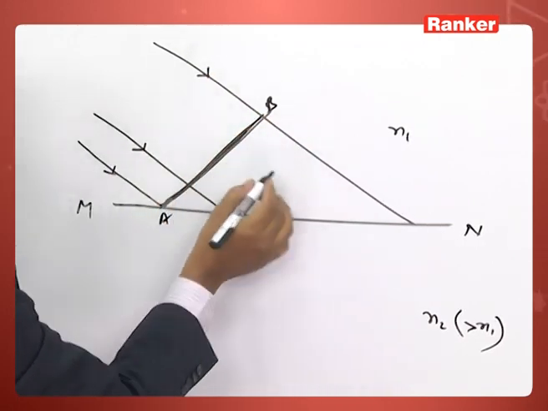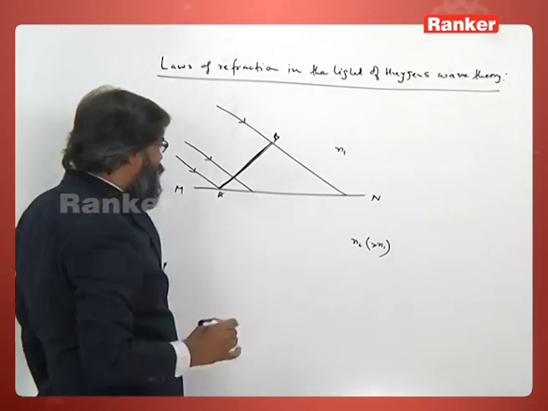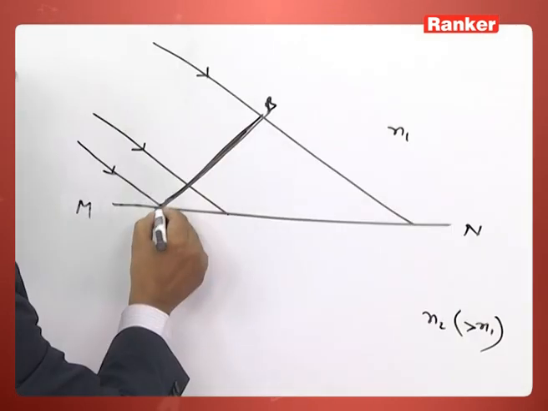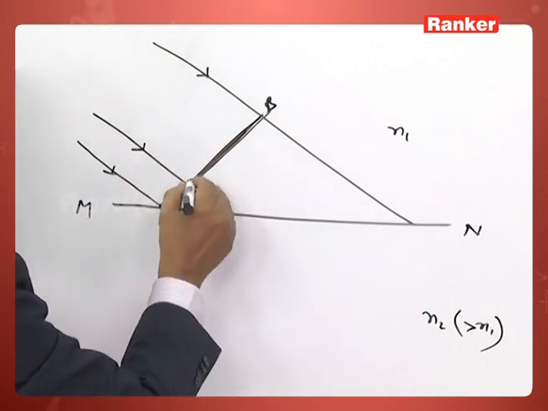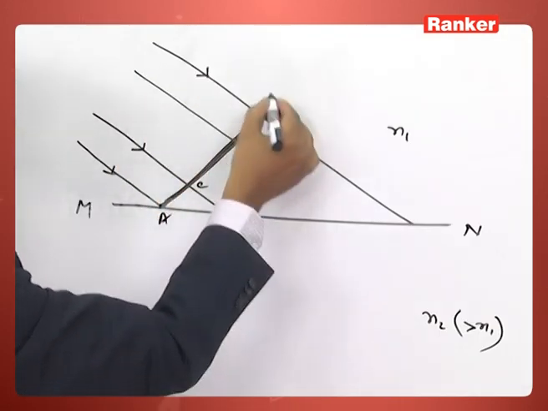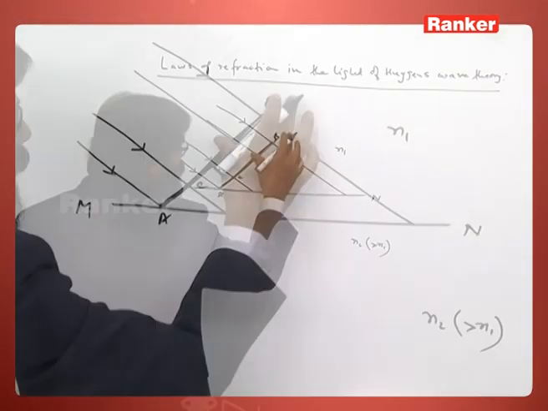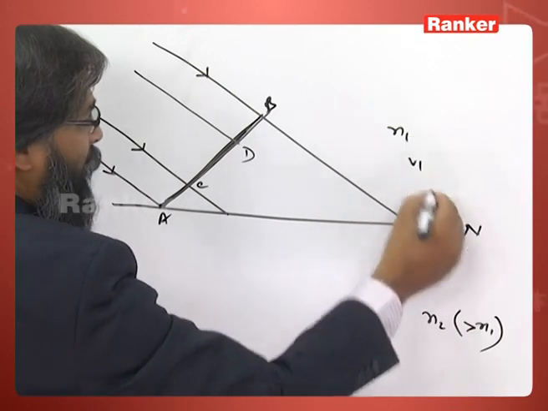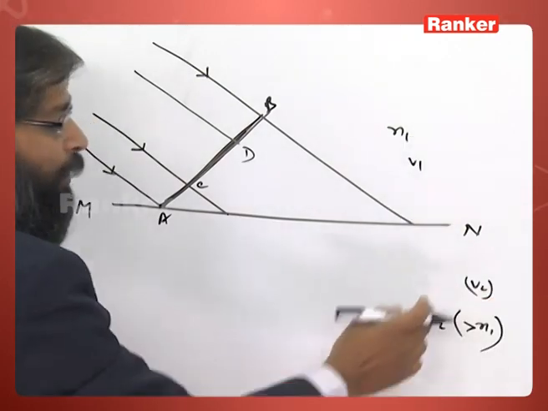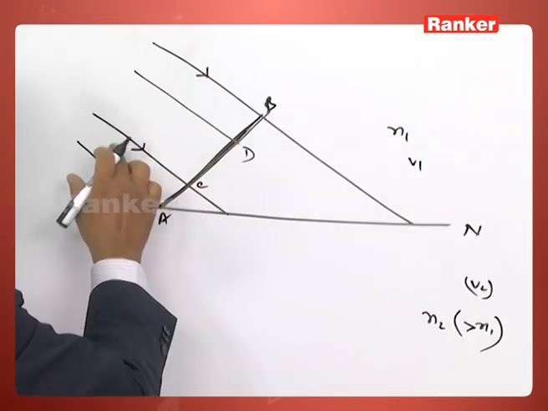You see these rays are always perpendicular to the wavefront. Now all the points A, B, you can take point C, further you can take point D. There are many points here. All the points are in phase. Now the velocity in this medium is V1, the velocity in this medium is V2, and V2 is somewhat less than V1, we know.